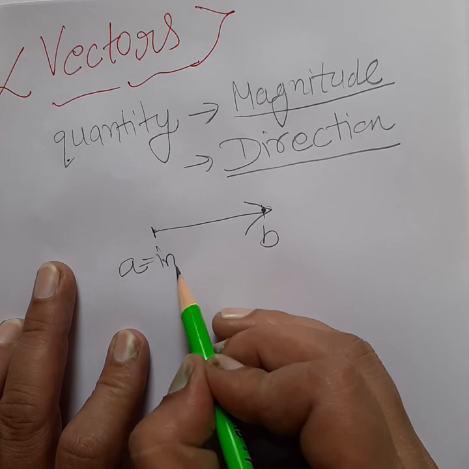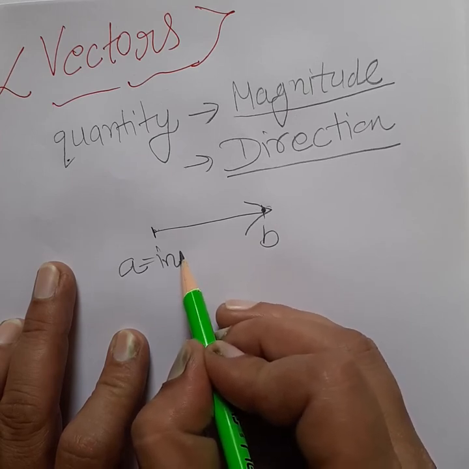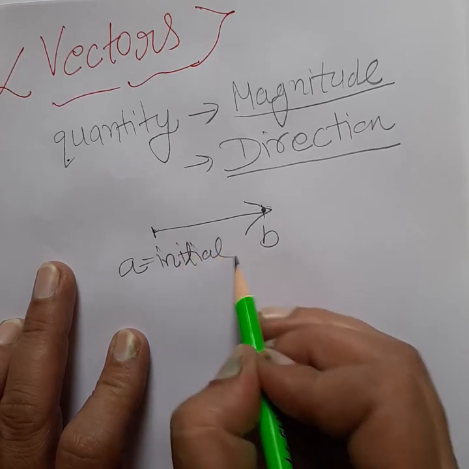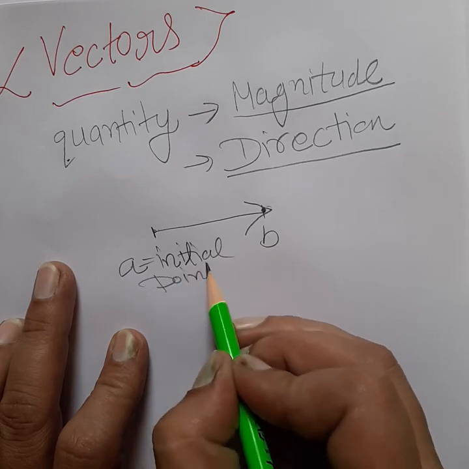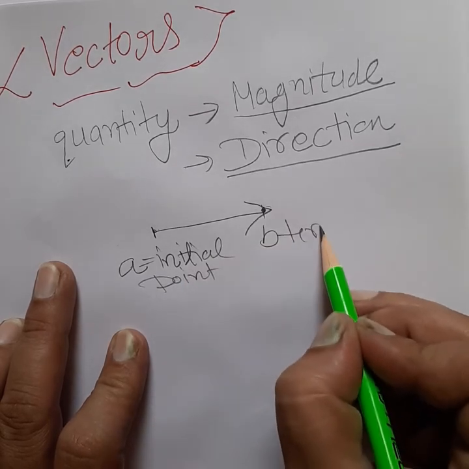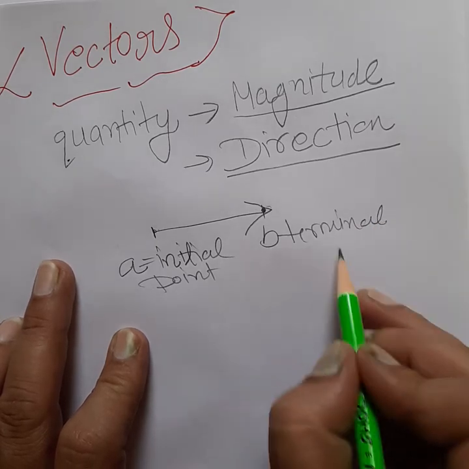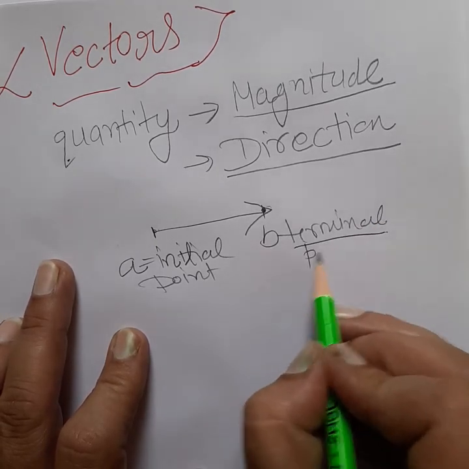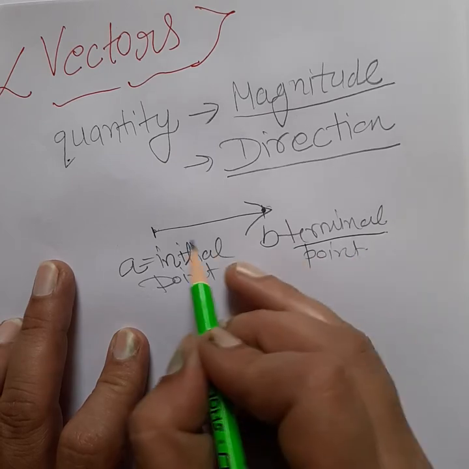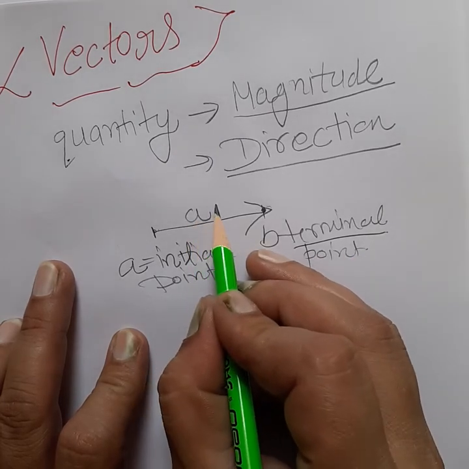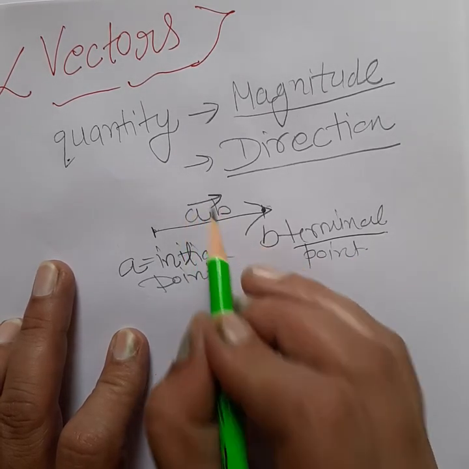This is your initial point, and this is your terminal point, where you end your journey. We can represent it as vector AB.